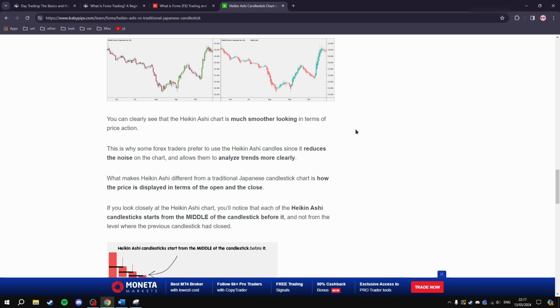What makes Heikin Ashi different from a traditional Japanese candlestick chart is how the price is displayed in terms of the open and close.